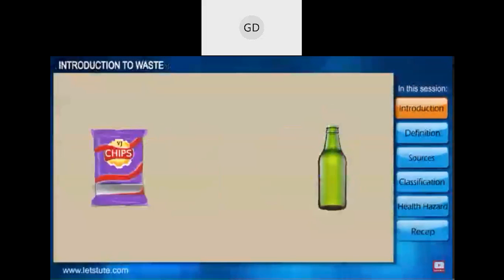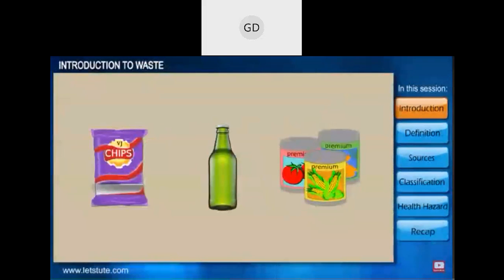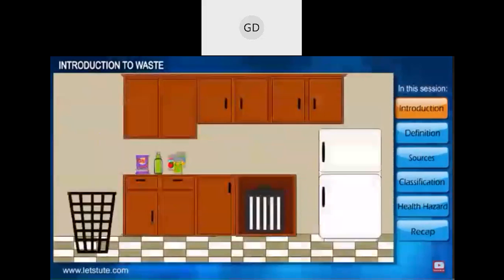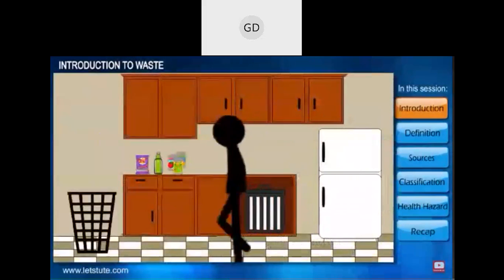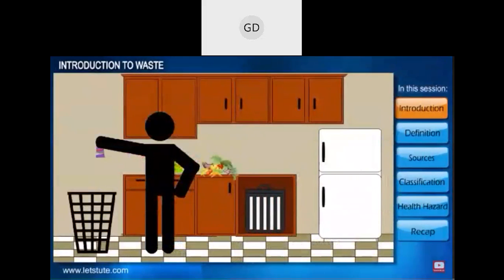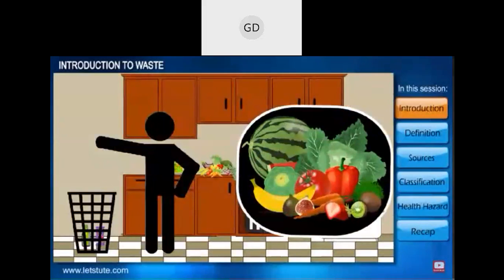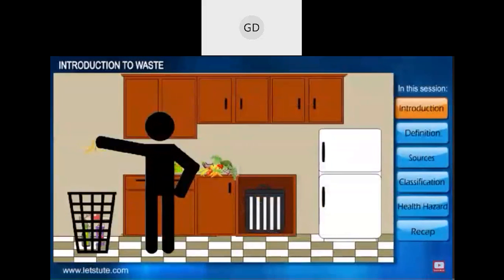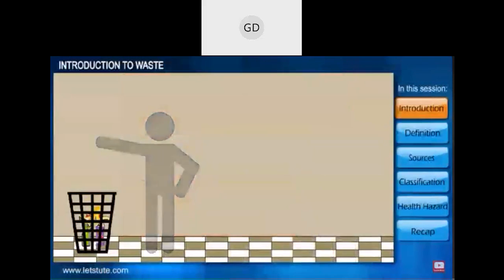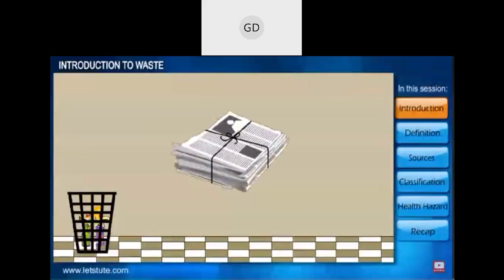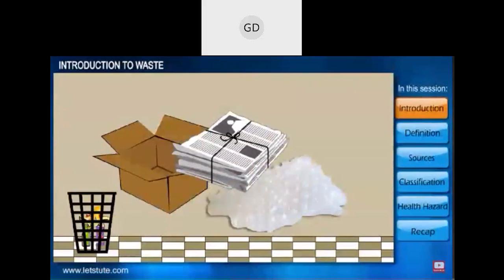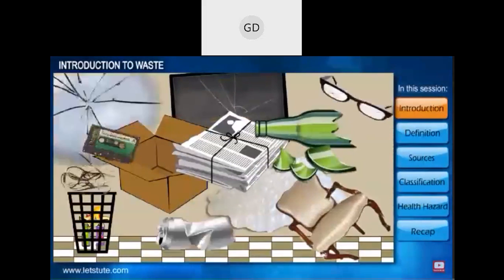We often buy packet foods, bottled drinks, canned food, etc. But what exactly we do after having it? We throw away the wrapper or the bottles, right? And what about the leftover food or vegetables from the kitchen? Yes, even that goes into our dustbin. We discard lot of things like the old newspaper, plastic and cardboard wrappings, broken objects, and the list just continues.